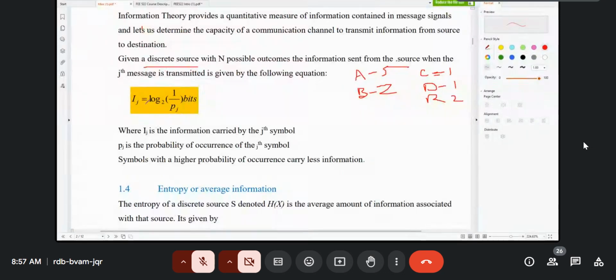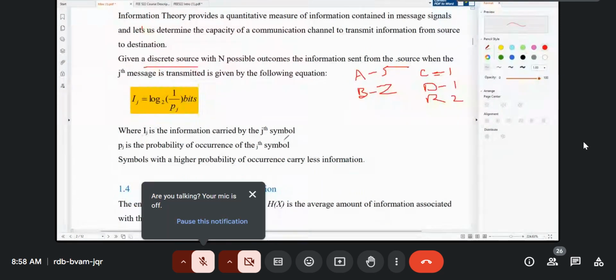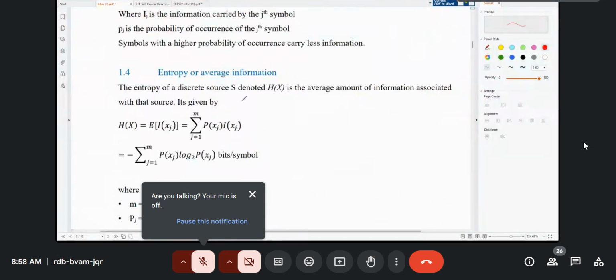Or rather, I of j is just negative log 2 pj, where I of j is the information carried by the jth symbol and pj is the probability of occurrence of the jth symbol. So symbols with a higher probability of occurrence carry less information. So that is the definition of information.